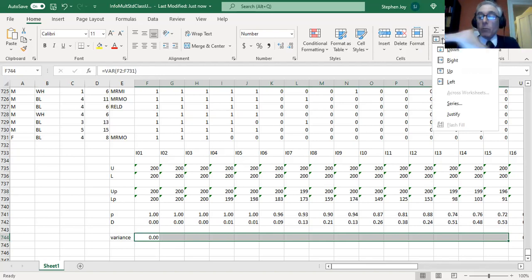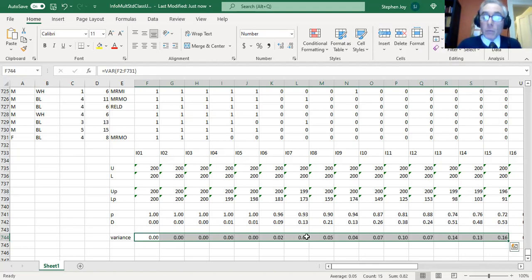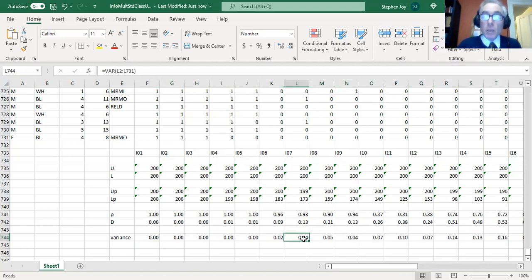Now, I just went from a certain cell over to the right, so I'm just going to say fill right. And what it does is to replicate the same equation, but changing the location to match the new cell that you're in. So when I'm here over in M744, the replication of the equation automatically made it be the variance of M2 to M731.